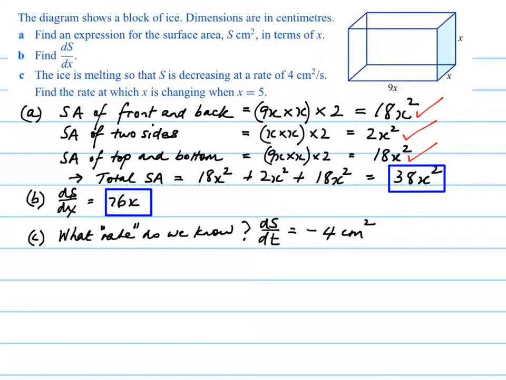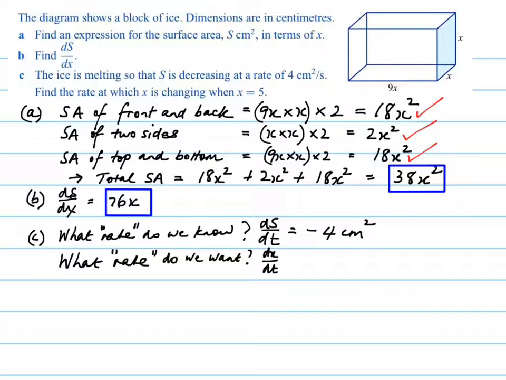Now, do you notice the minus 4? Because it's going down. Don't forget that minus. It's not going up, it's going down, so the rate of change is negative. Now, second question. What rate do we want? They're asking us for the rate at which x is changing. So that means dx/dt. And so that's all we need to do with that.